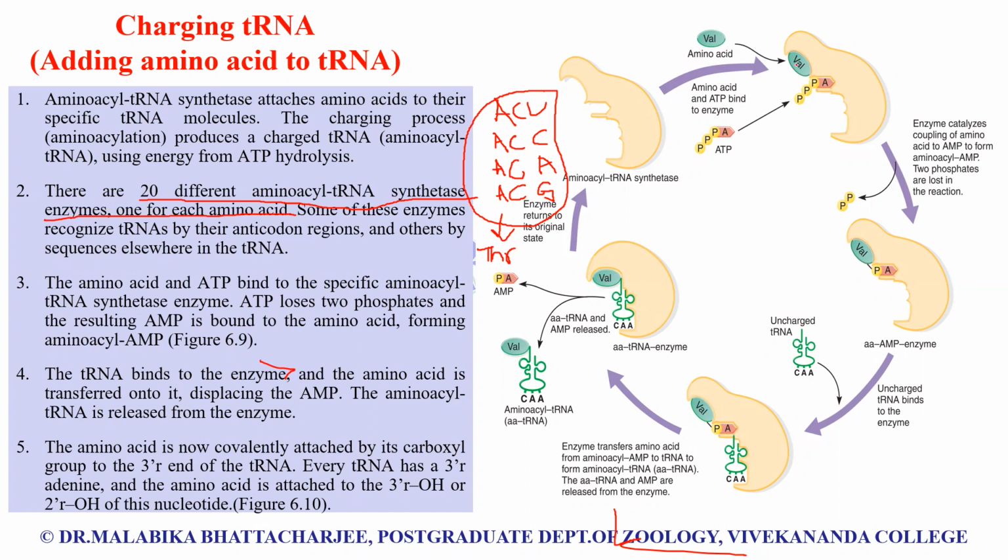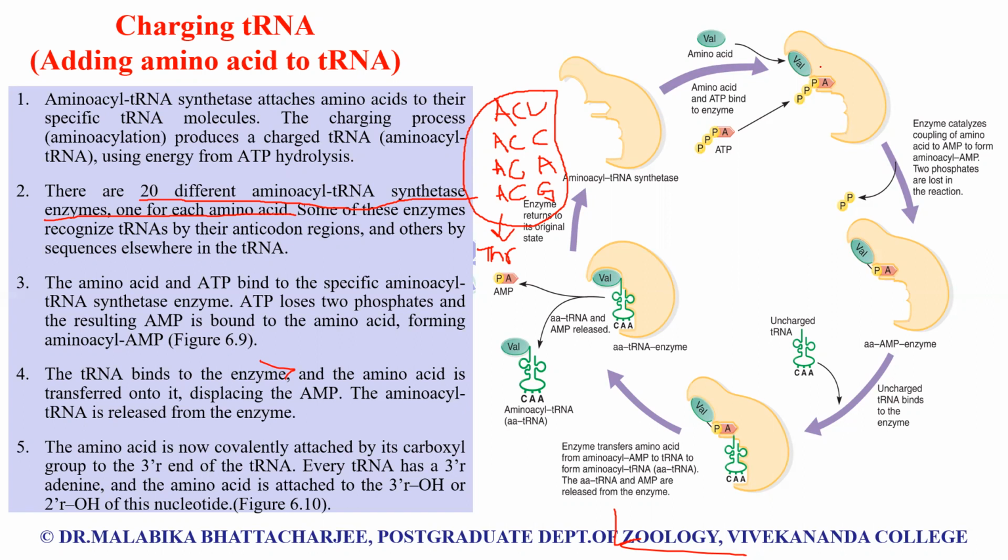In step 1, as you can see, this is an example which has been shown by charging the tRNA of valine with the amino acid valine. So this is an example where we will see how valine is added to the 3' end of the tRNA for valine.